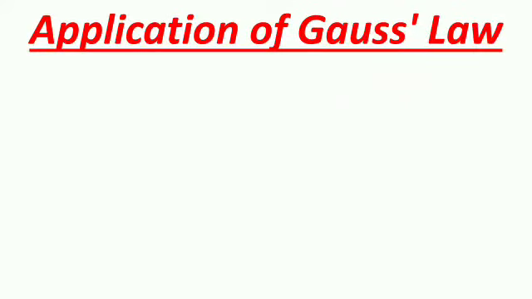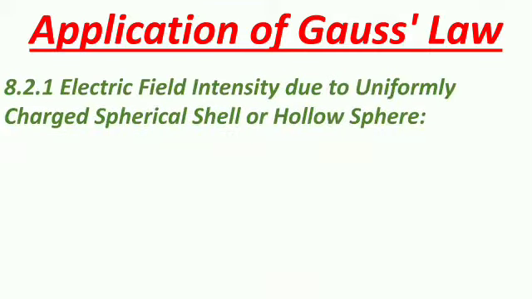So this is what we have already studied in class 11. Now what topic do we have to study in class 12? Let's see. Applications of Gauss's law: we have three applications. First, electric field intensity due to a uniformly charged sphere, spherical shell or hollow sphere.